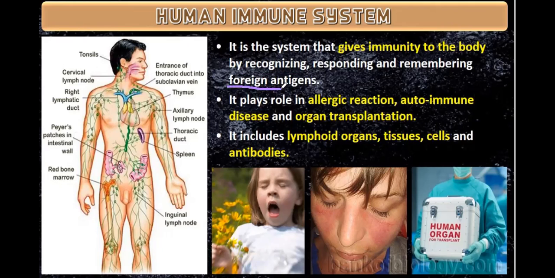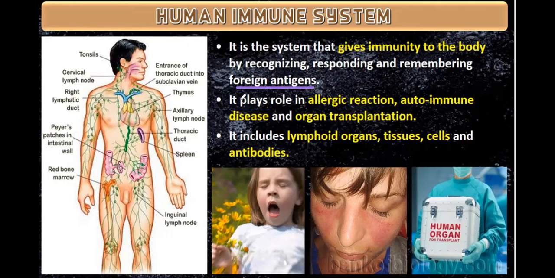As soon as they enter our body, our immune system will recognize them, then respond, and it will remember also. So in case in future these foreign antigens enter our body again, we have memory cells that remember, and they suddenly produce antibodies to fight these foreign antigens.